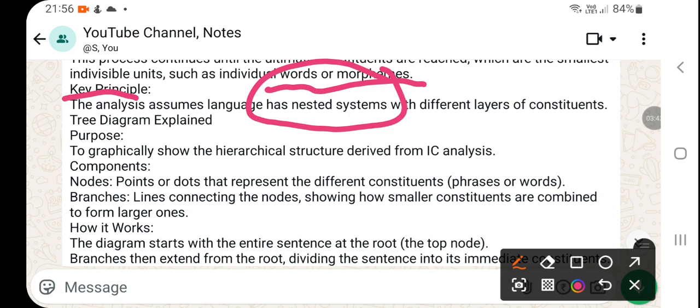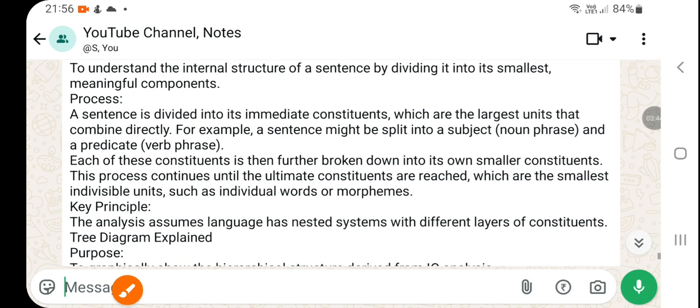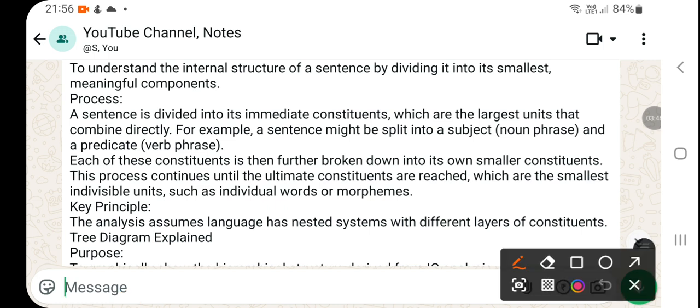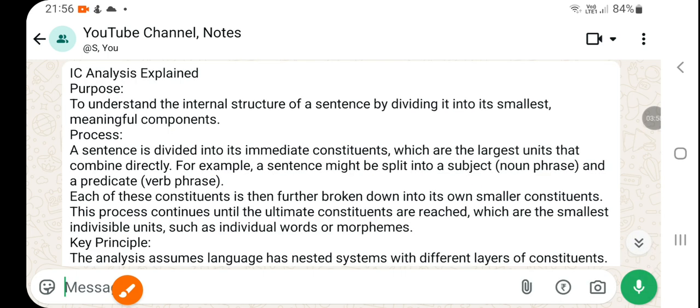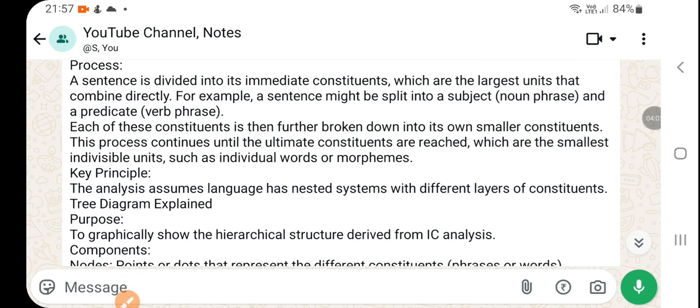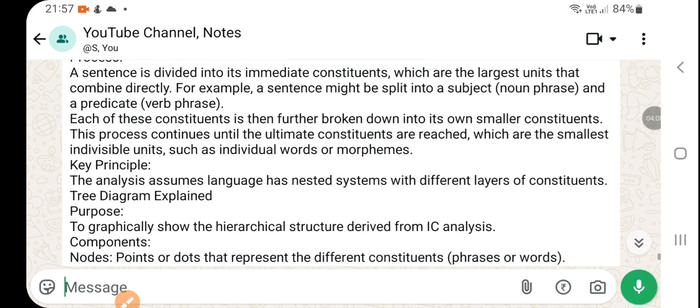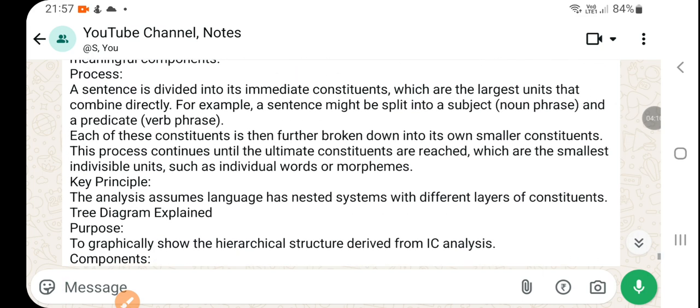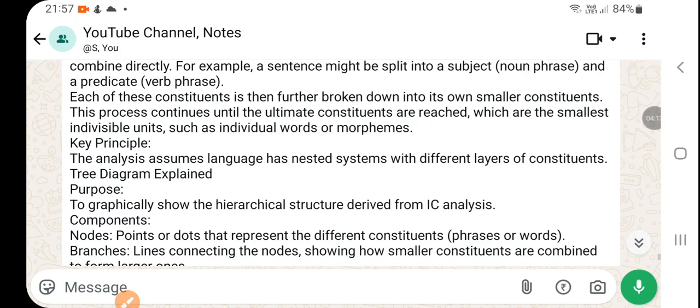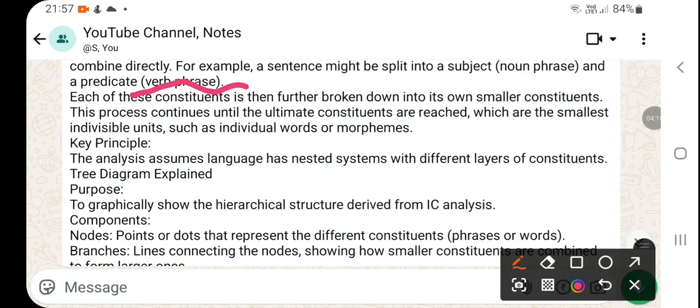So the tree diagram. The purpose of the tree diagram is that a sentence is divided into its immediate constituents, which are the largest units that combine directly. For example, a sentence might be split into the subject, right? Now, this is the noun phrase, then the verb phrase.